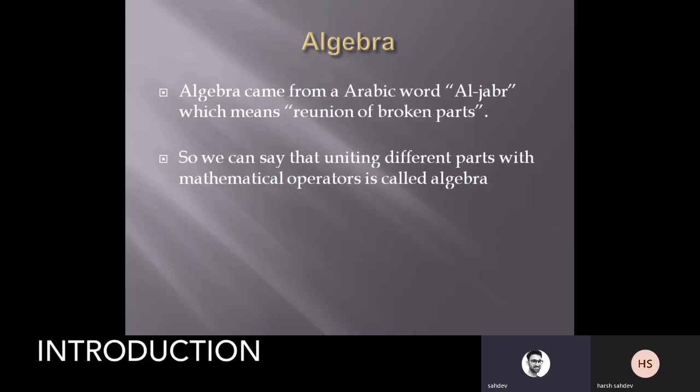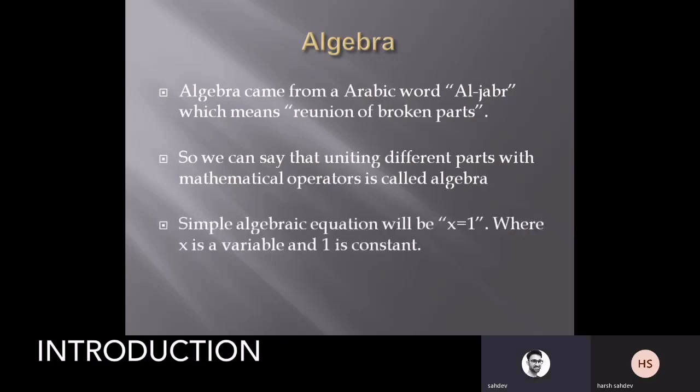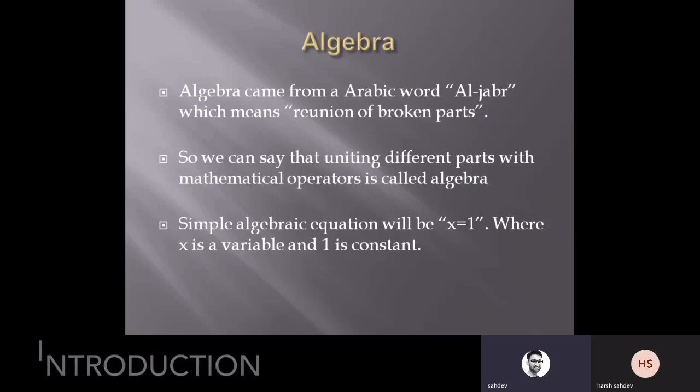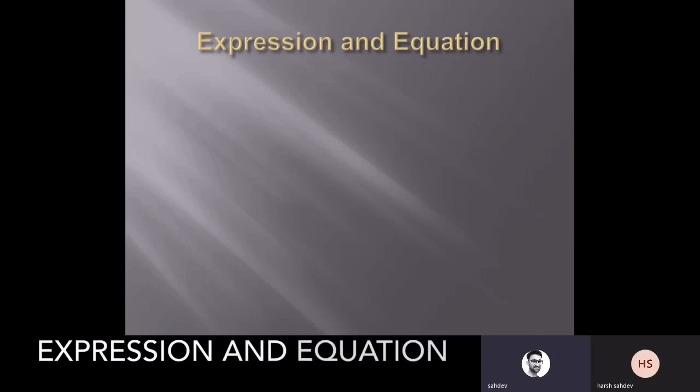Uniting different parts with mathematical operators is called algebra. If we write 2x plus 3y plus 4x plus 7y etc., that will be your algebraic expression. A simple algebraic equation will be x equals 1, where x is a variable and 1 is a constant.